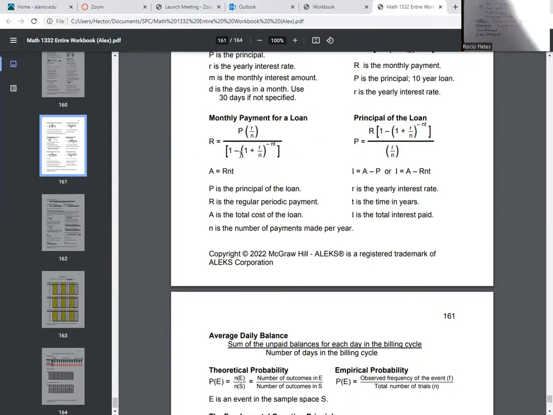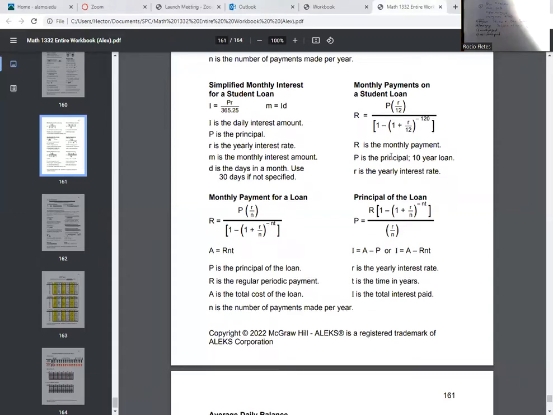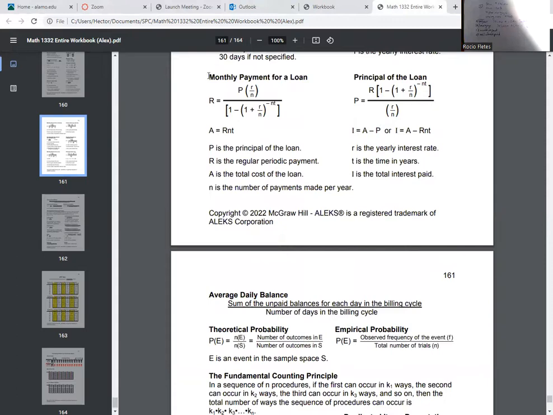It's just like the student loan formula, but that one uses an N of 12 and a T of 10 because it's 10 years. We use this formula for home loans, and it's the same formula we use for car loans as well. Any installment loan, this is the formula we will use. Installment means partial payments, right?